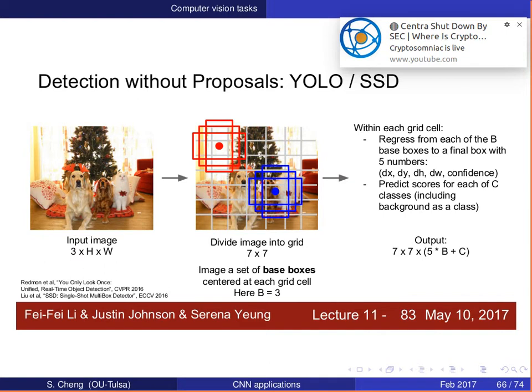But a workaround with YOLO or SSD is basically we don't care about it anyway, so we just split the image into many tiny patches, and for each patch we assume there could be 1 object there, and we also assume that the object can have different shapes. Maybe the box of this dog here would be a tall box, or instead a wide box.